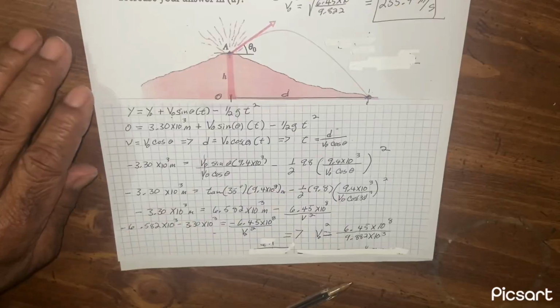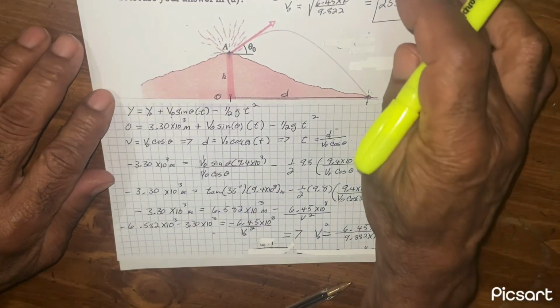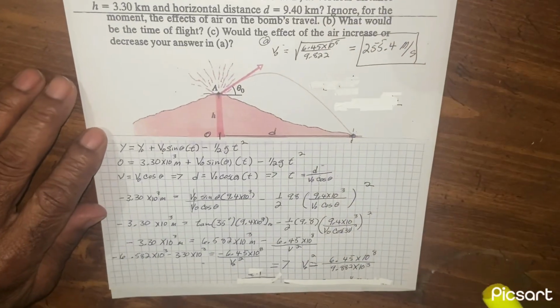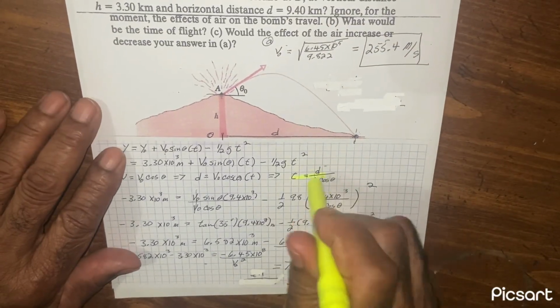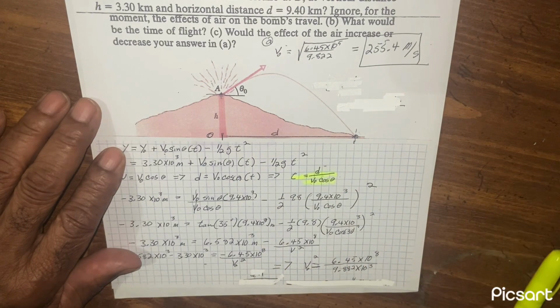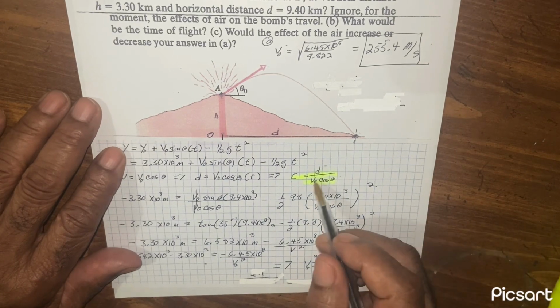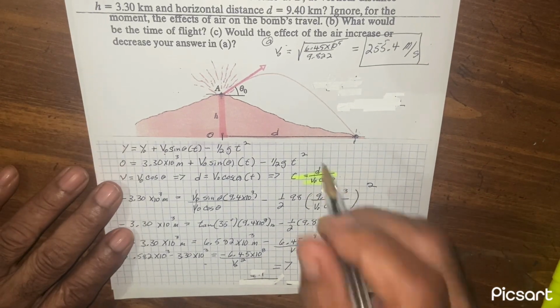That's part A. So now B wants to know the time, and we're going to use this formula we developed earlier: t equals d over v sub o cosine of theta.